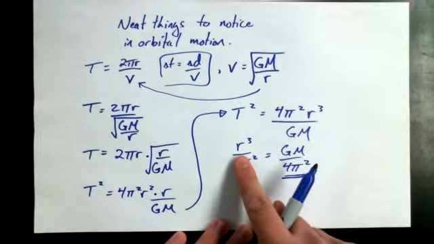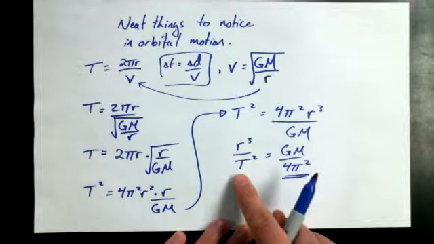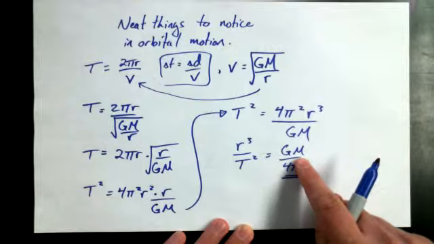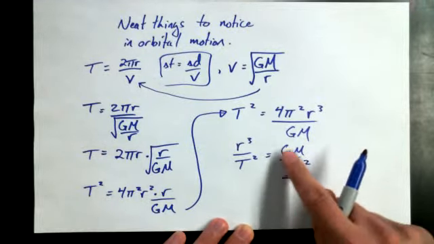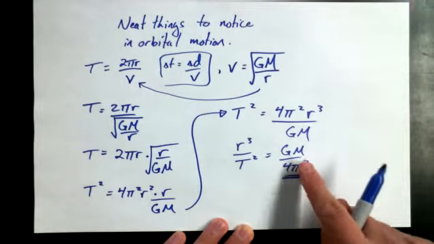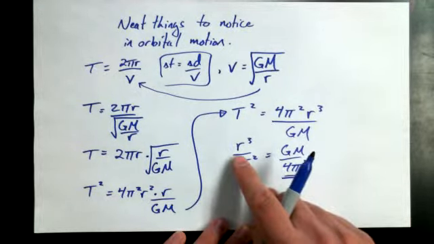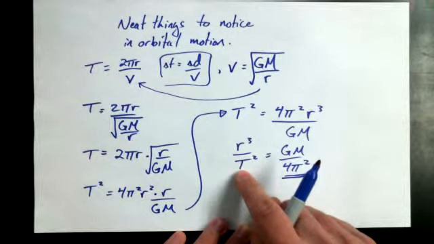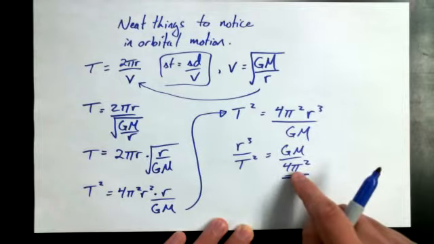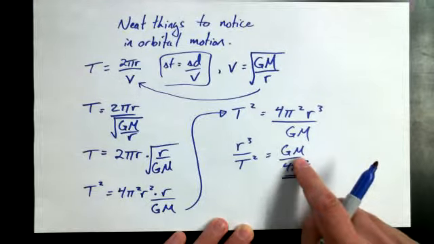Mars would have a certain radius, and Mars would have a certain orbital period. But the central mass isn't Mars. What's the central mass? The Sun. So this value would include the mass of the Sun in big G. When I talk about Earth, Earth's radius of orbit would be a certain value, and its period would be a certain value. But the right-hand side of the equal sign still involves what mass? Not the Earth's mass, the Sun.